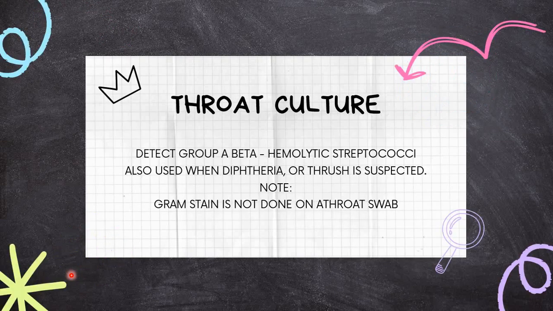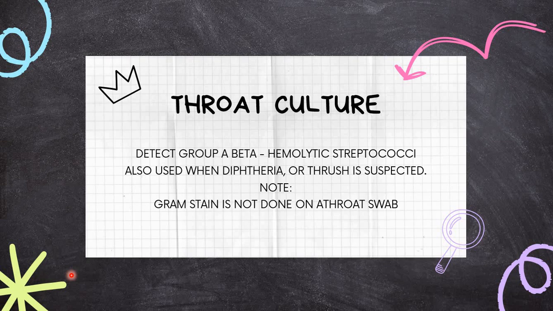The other is throat culture. Throat cultures are usually performed primarily to detect the presence of group A beta-hemolytic streptococci, that is Streptococcus pyogenes, an important and treatable cause of pharyngitis.